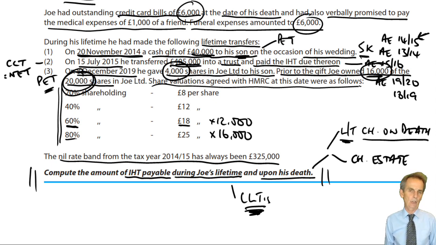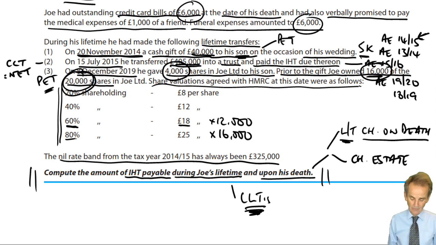There is a lifetime transfer chargeable when made, a CLT, a transfer into trust. It was the only one made, remember, in the computation, the IHT computation of lifetime transfers chargeable when made, we only include CLTs. We ignore PETs on that computation. PETs are not chargeable when made.